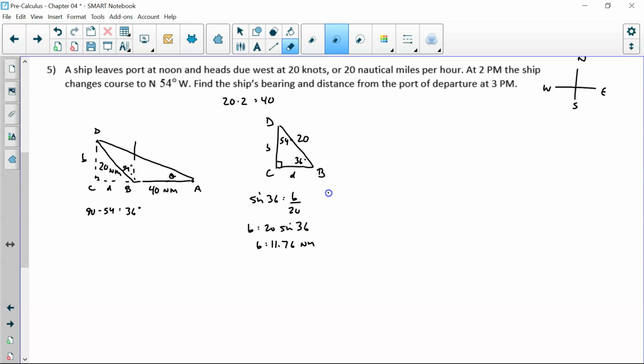And then we can do sine of 54, and that's going to equal D over 20. So D equals 20 sine 54. D equals about 16.18 nautical miles.